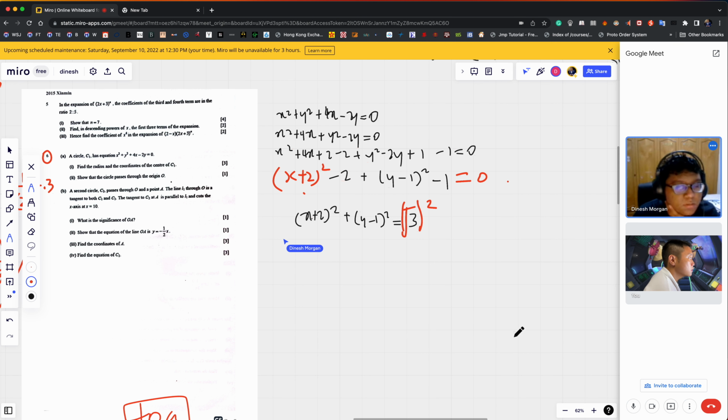That means the radius is square root 3 and the center is negative 2, 1.